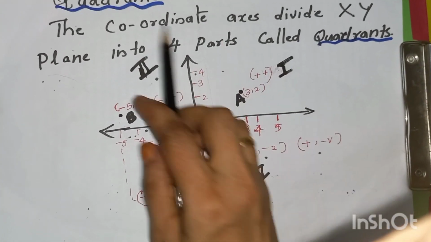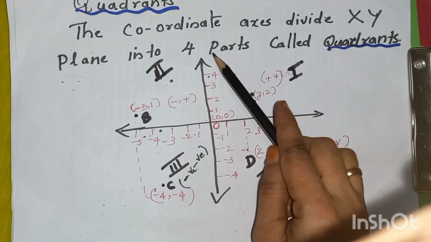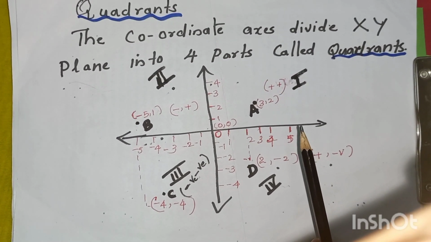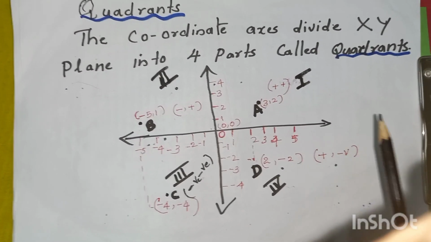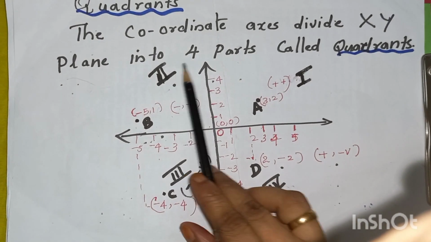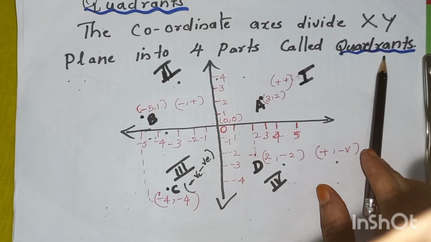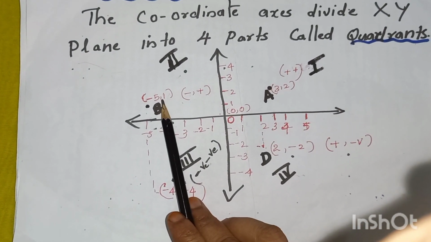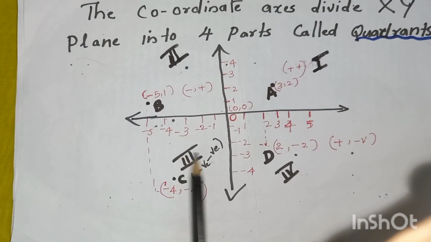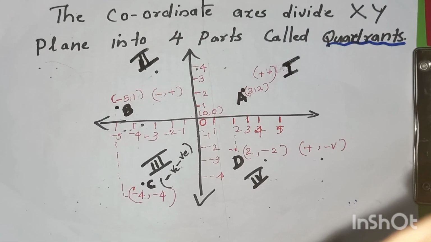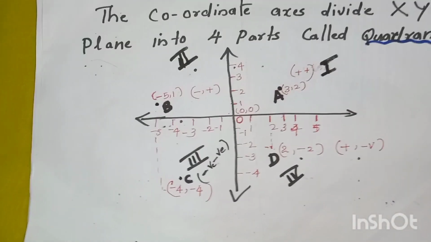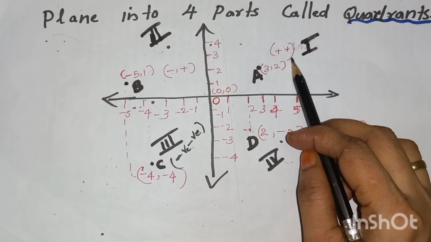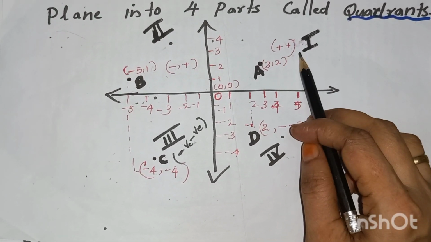Now quadrants. What do you mean by quadrants? The x-axis and y-axis divide the XY plane into 4 parts called quadrants. This is the first quadrant, the second quadrant, the third quadrant and the fourth quadrant. In the first quadrant all the coordinates are positive.